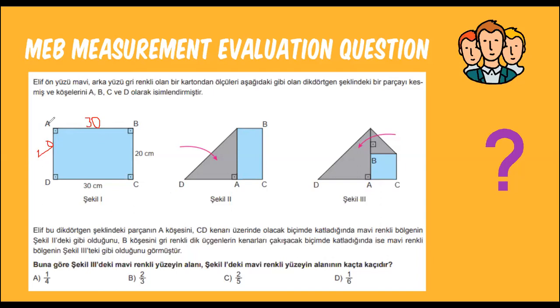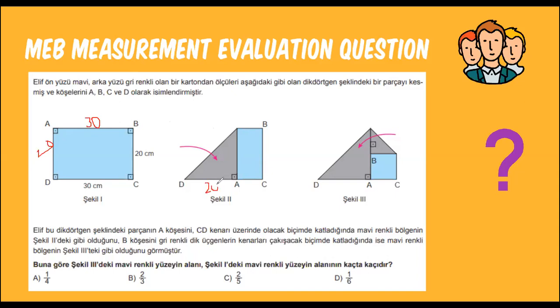Then Elif folds corner A to the edge DC. Then she decided to fold corner B to this edge. Okay. Now this side is 20 and when it is folded comes here.